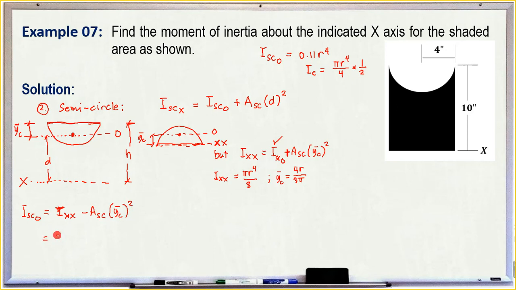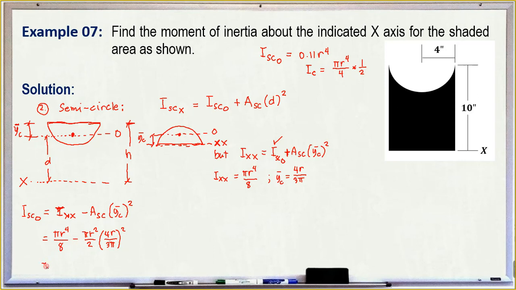So again, our Ixx is pi r to the 4th all over 8 minus the area of a semicircle, which is half of the area of the circle, so pi r squared divided by 2. And then this is 4r over 3 pi, and that is squared.